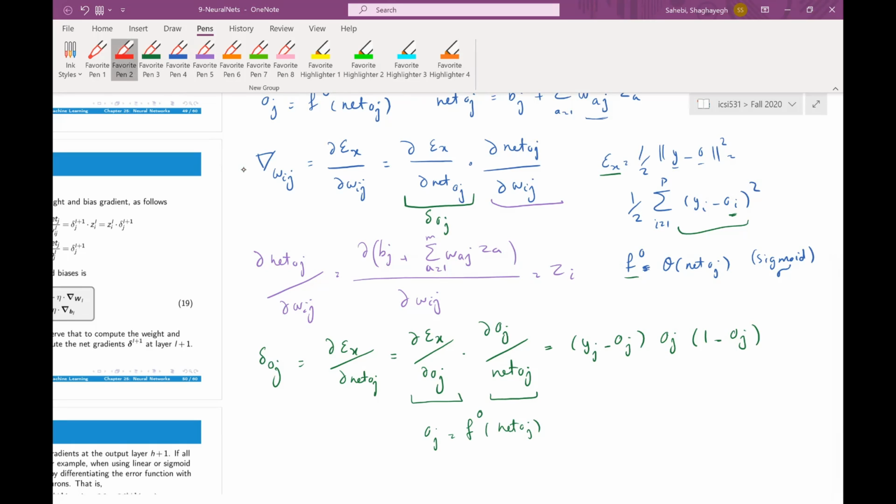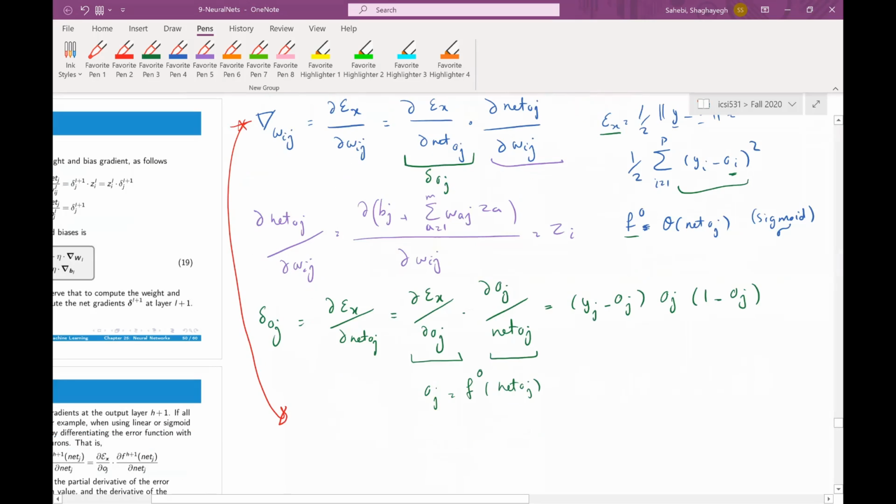So from here, using 1 and 2, we can see that the derivative with respect to Wij is Zi times (Yj minus Oj) times Oj times (1 minus Oj).